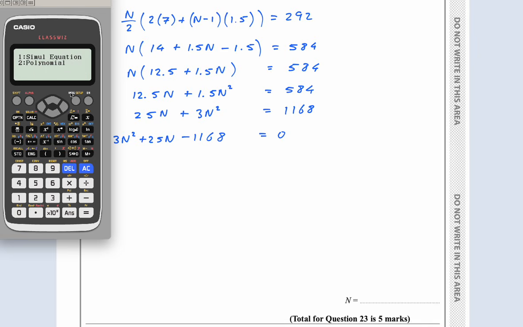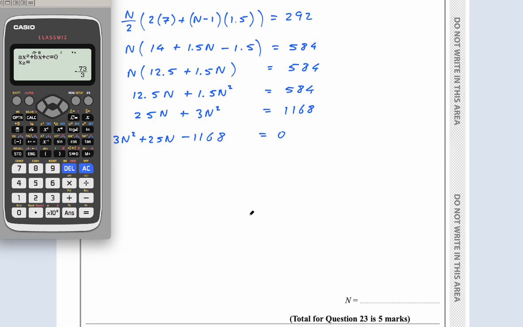So here we have a polynomial equation, degree 2, this is 3, this is 25, and this is minus 1168. So the answer is 16 or minus 73/3. Now we know it's the nth term, so my answer is going to be 16.